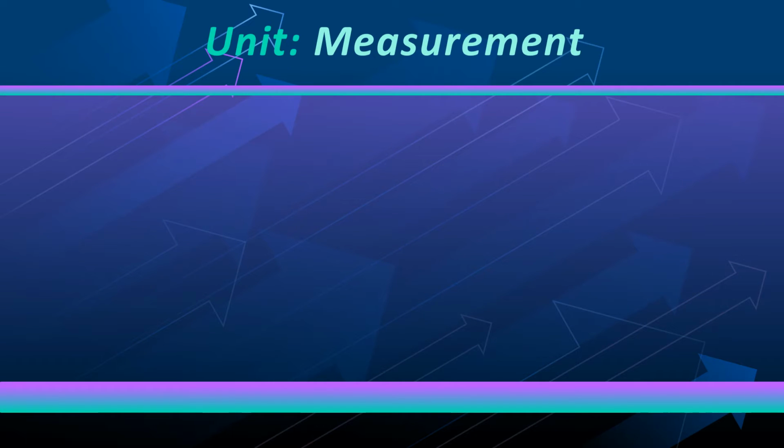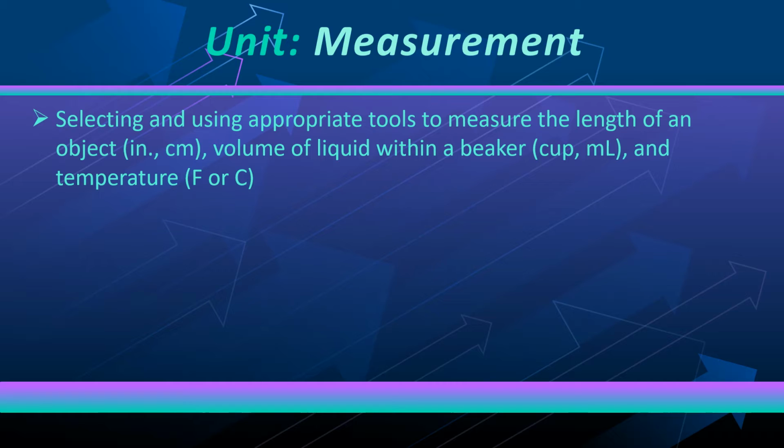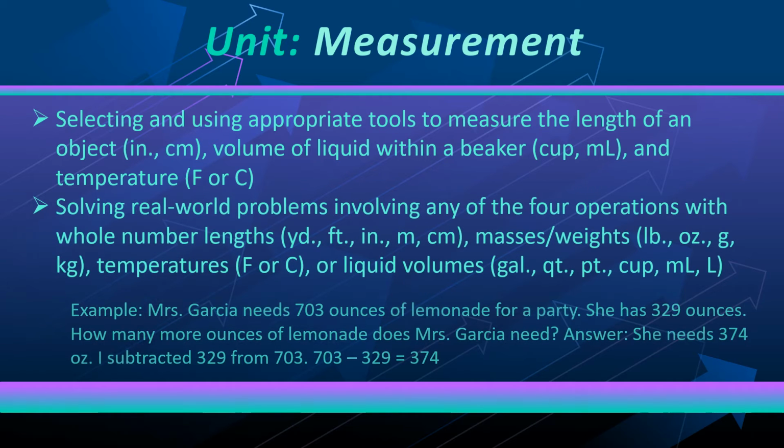In this measurement unit, students will be selecting and using appropriate tools to measure the length of an object in inches or centimeters, the volume of liquid within a beaker in cups or milliliters, and temperature in Fahrenheit or Celsius. Students will also be solving real-world problems involving any of the 4 operations with whole number lengths, masses, weights, temperatures, or liquid volumes.